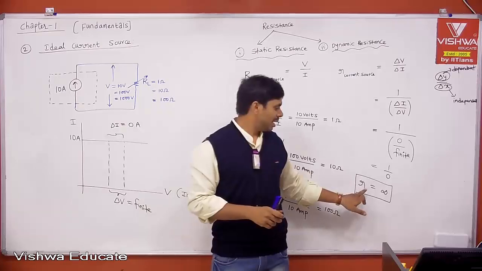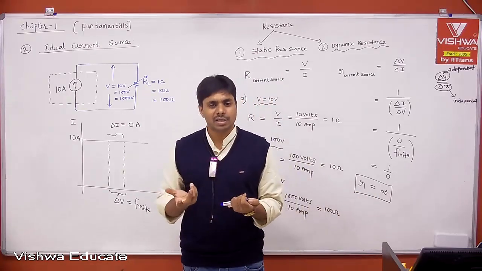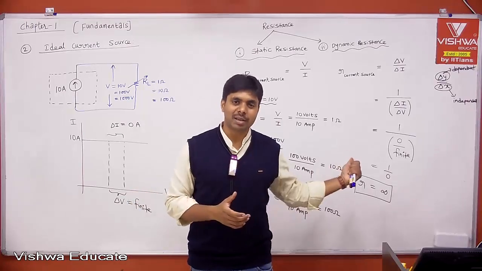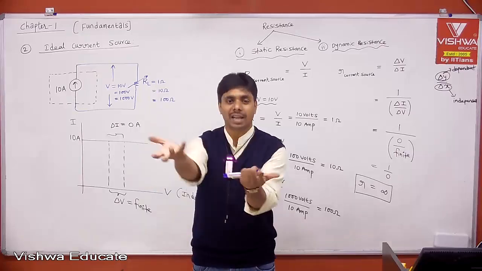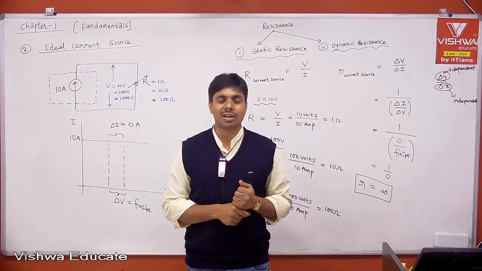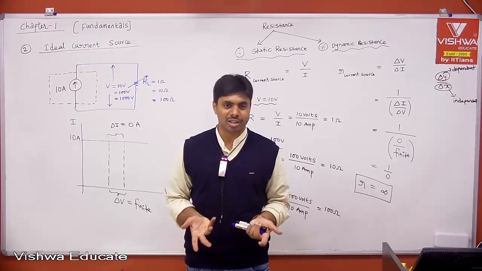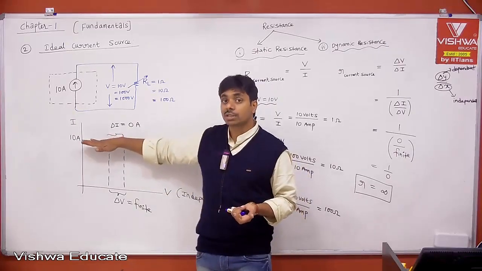The meaning of dynamic resistance infinity is that it is opposing. When I say resistance infinity, what does it mean? It is opposing the current. But here the meaning of dynamic resistance infinity is that it is opposing the change in current. That's why it is infinity. Therefore, it is highly opposing the change in current. What does it mean? Your current will not change. Your current is constant.